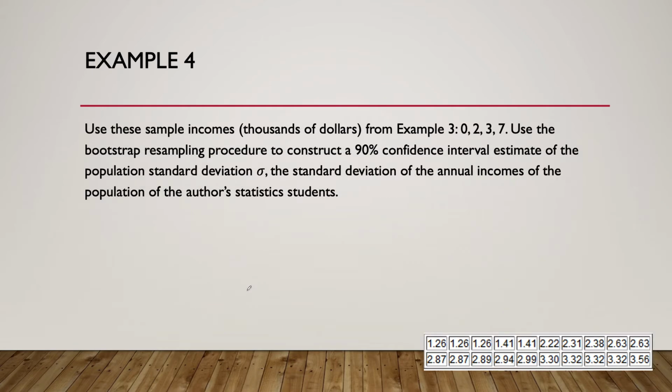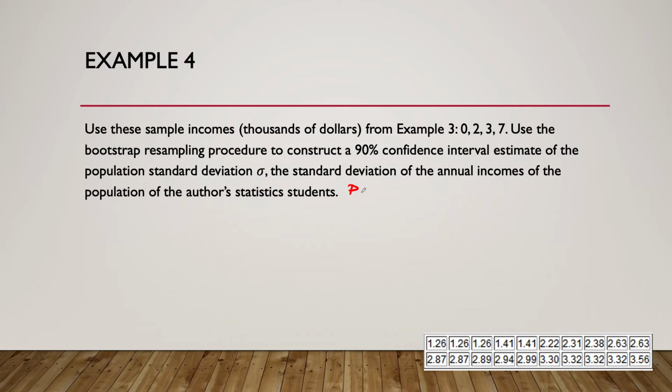And then for one last example here, using these sample incomes in thousands of dollars from example 3, 0, 2, 3, and 7, use the bootstrap resampling procedure to construct a 90% confidence interval estimate of the population standard deviation sigma, the standard deviation of the annual incomes of the population of the author's statistics students. We obtain these values down here. Again, there's only 4 inside this original sample, so the results will be unfortunately questionable.